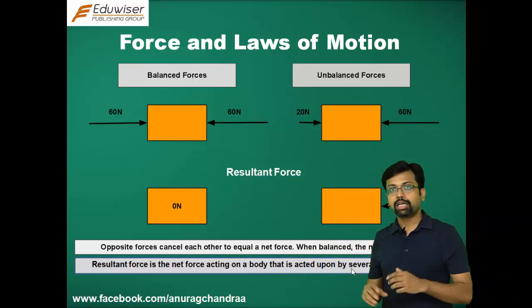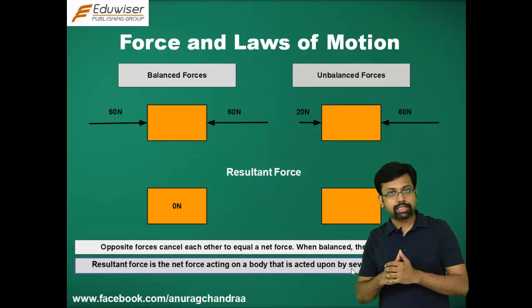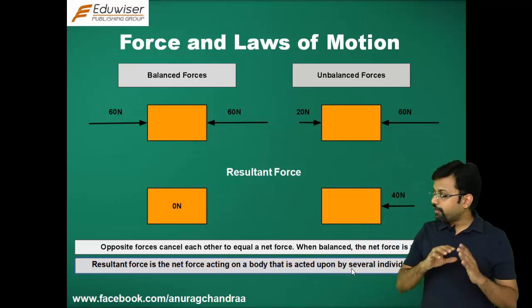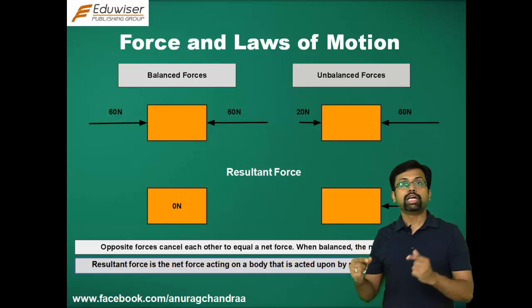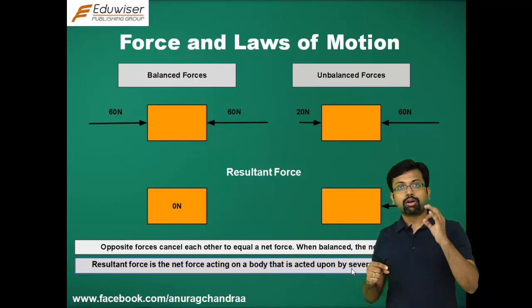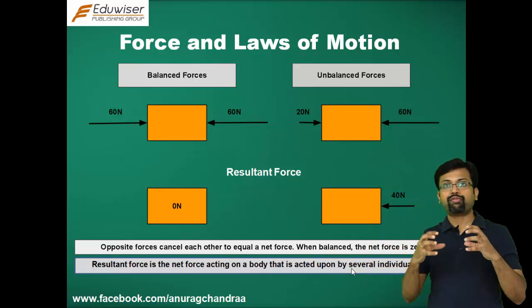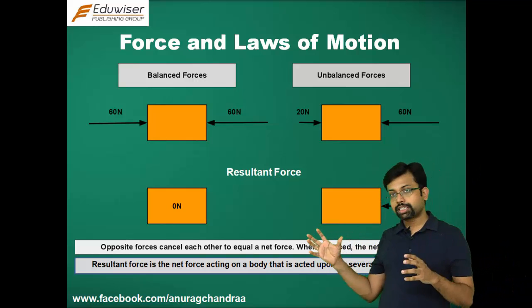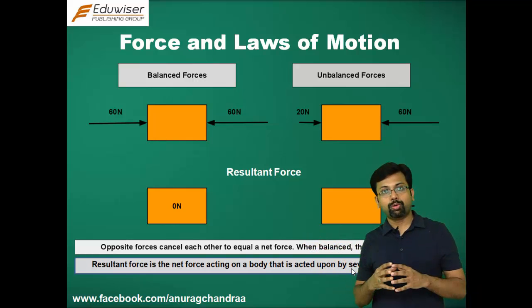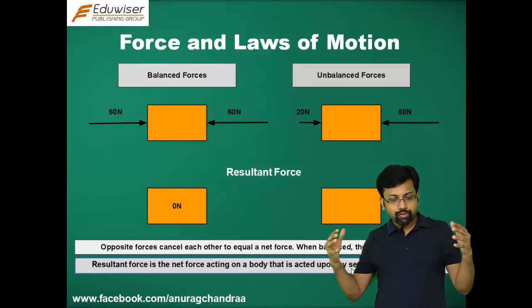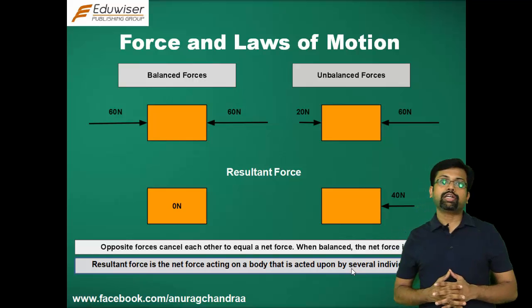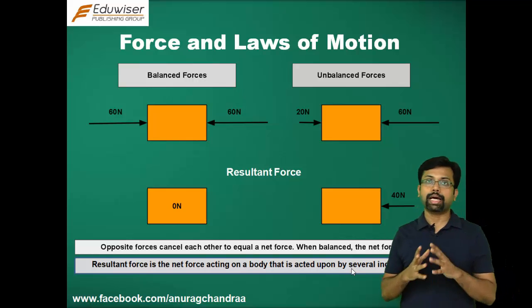So in this case the object, if it is kept at rest, it will stay at rest, and if it is moving with some velocity, it will continue to move with that constant velocity, because there is no net force acting on it. So in case the resultant force becomes 0, that is when the effect of all the forces cancel each other out, then we say that the forces are balanced.